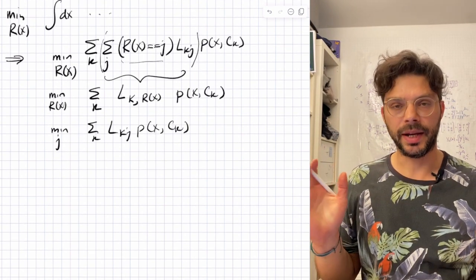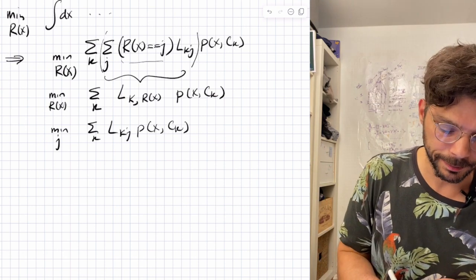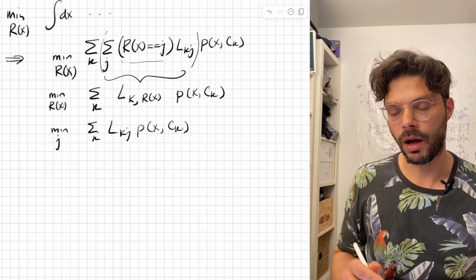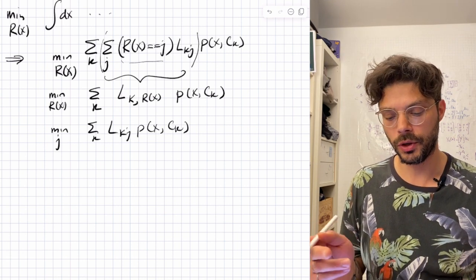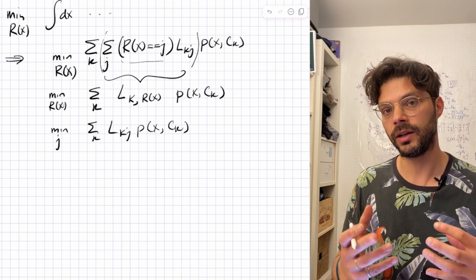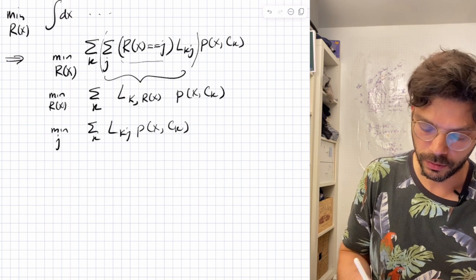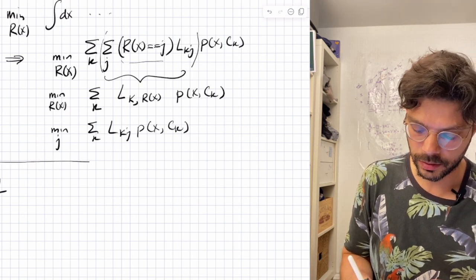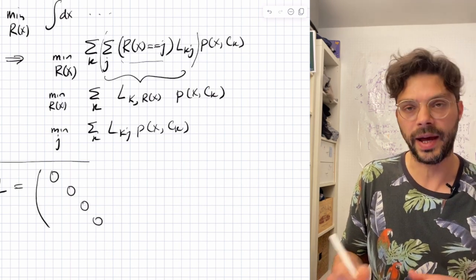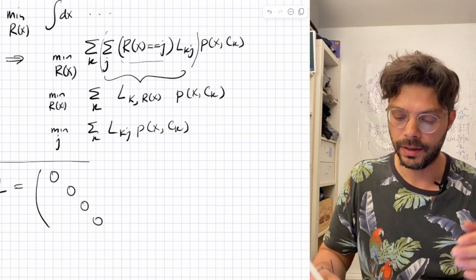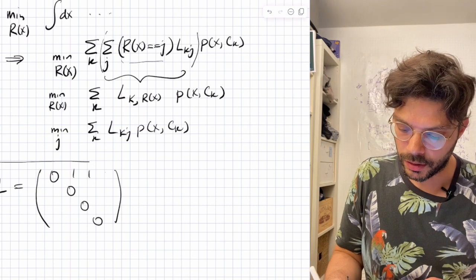And I thought, okay, let's look at a couple of examples of what this would look like. In the previous section, we talked about the misclassification rate, and the first thing I want to show you is that it corresponds to a particular loss. So let's consider a loss matrix that looks like this: zeros on the diagonal as before, saying that if you assign things correctly you don't incur loss, but everywhere else it's 1.